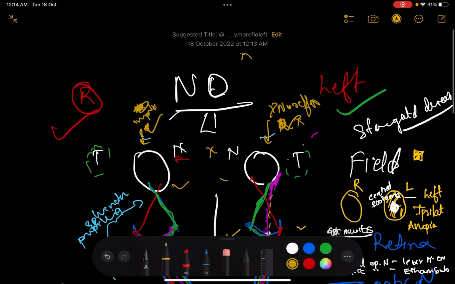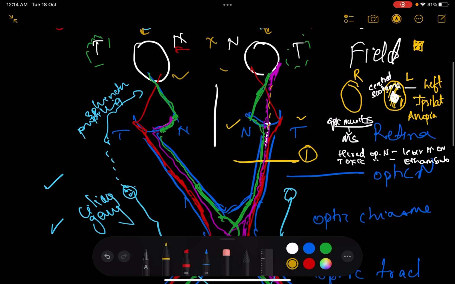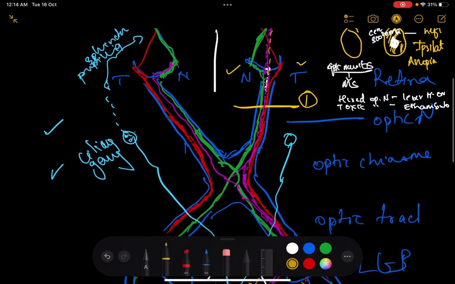Now the important disorders as I have spoken about. Now let's see the defect in the other very important part. Let's say a lesion in the central, mark my words, I'm not saying peripheral, the lesion in the central part of the optic chiasma.